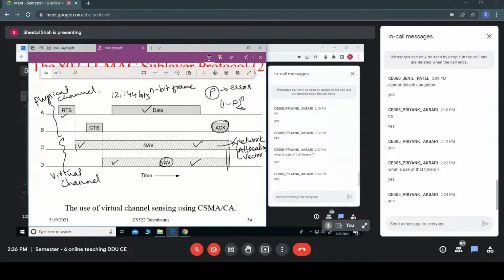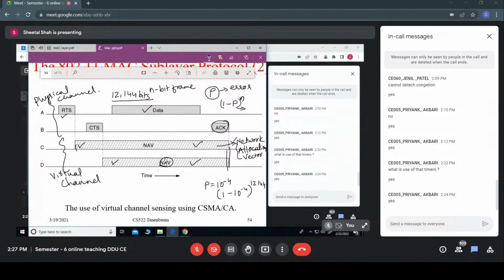For the entire frame, we are not concerned only with a single bit. In case we want the entire frame to be error free, then it would be 1 minus p raised to n. Say suppose the probability of error is 10 raised to minus 4, and we are having an ethernet frame whose size is 12144 bits, then (1 minus 10 raised to minus 4) raised to 12144.